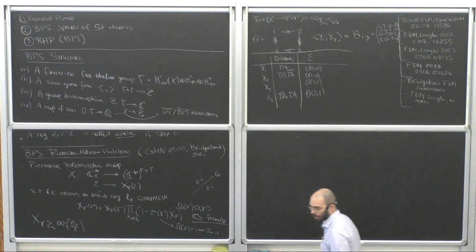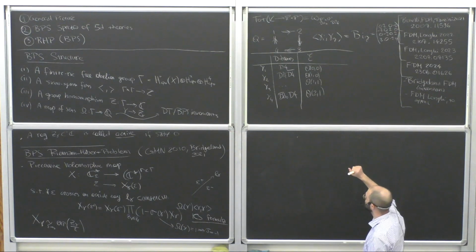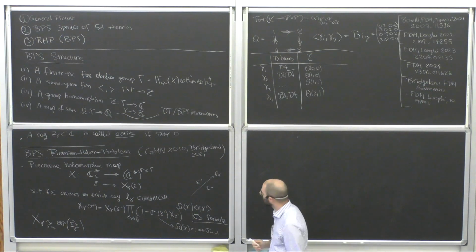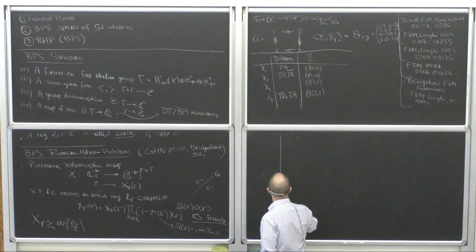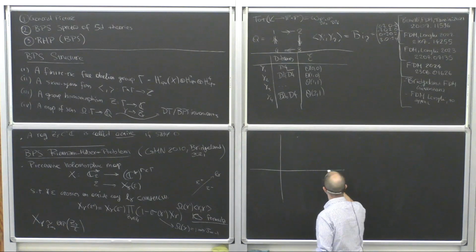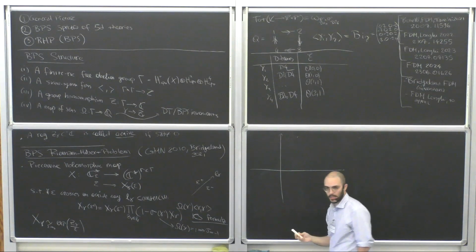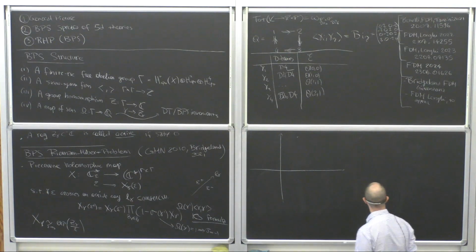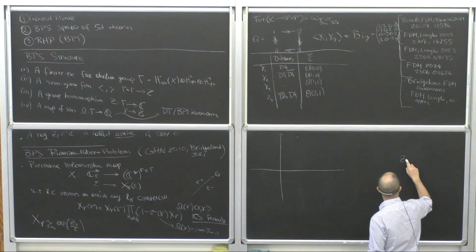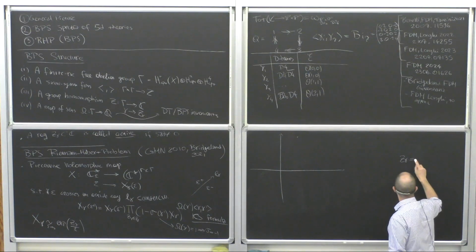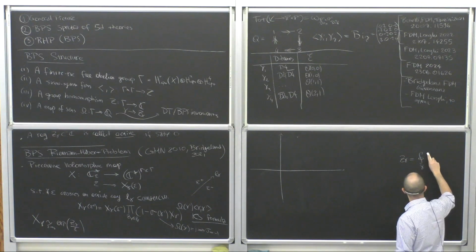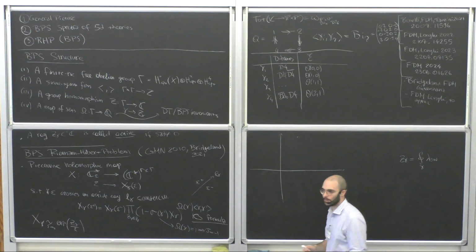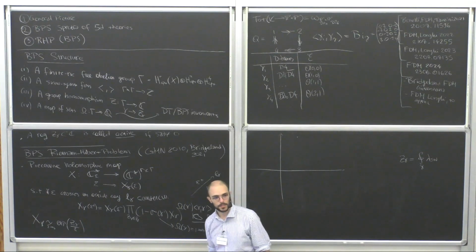So now we have this basis, and we have to introduce a central charge for this. Now, if you have in mind the geometric engineering picture, or in general the gauge theory picture, the central charges will be integrals of a Seiberg-Witten differential over cycles of a curve.